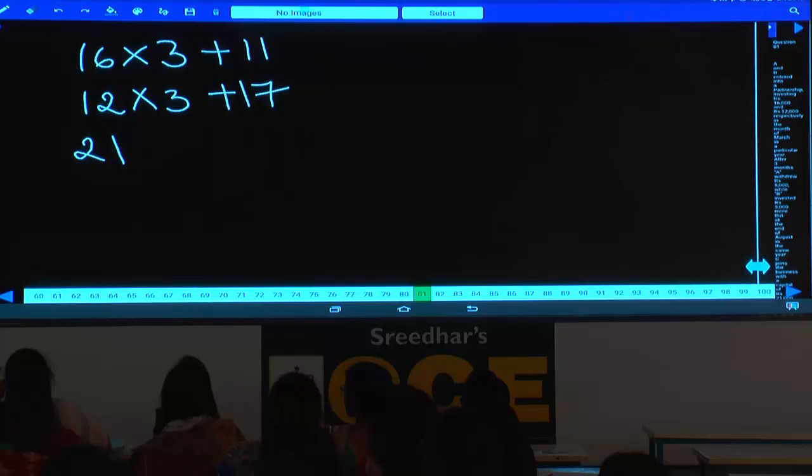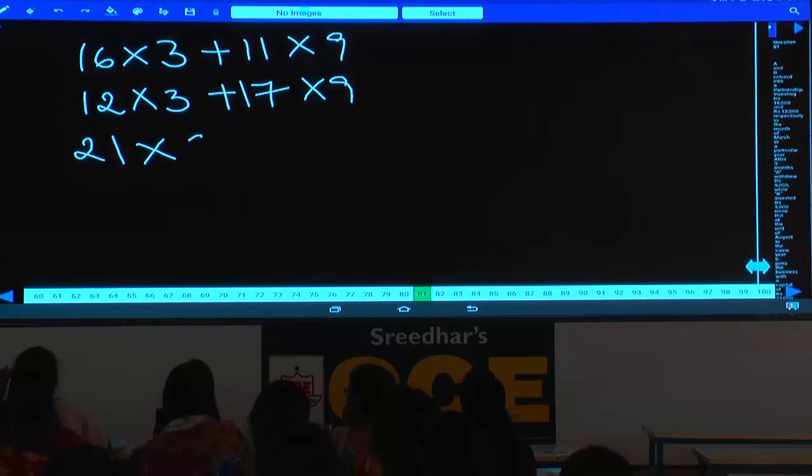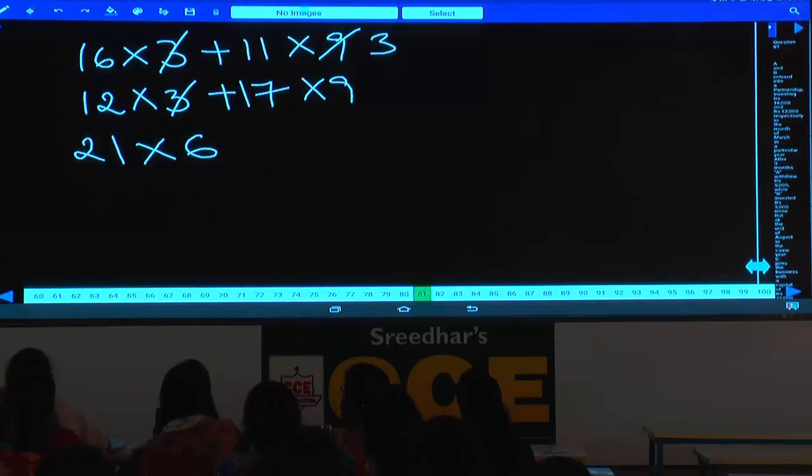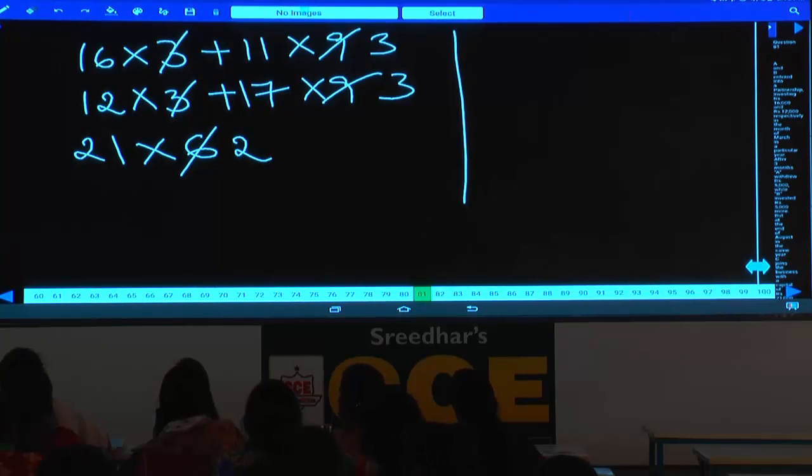Already 3 months over, remaining 9 months. C joined after 6 months, so C will be there for 6 months. Cancellation with 3 common, 3 times, 3 times, 3 2 times. Come on. 16 plus 33, 49. 17 3s, 51 plus 12, 21 2 times.